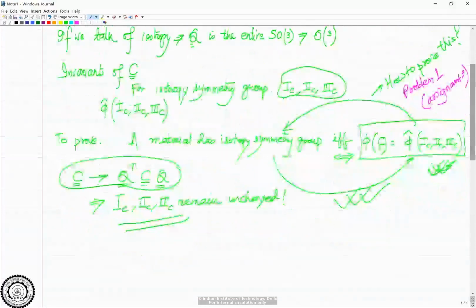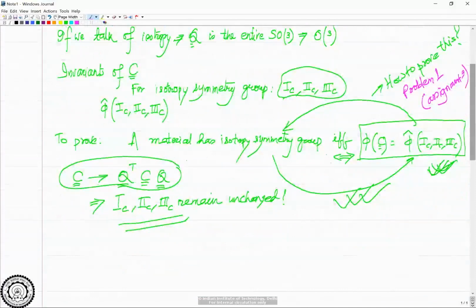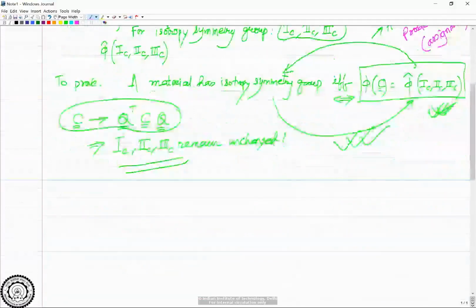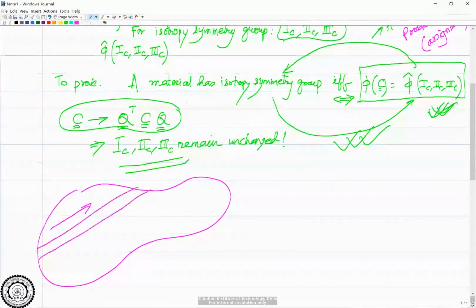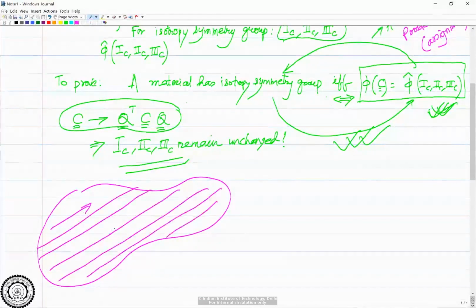So basically you see, what are the questions here? Once you identify what is the symmetry group, you have to find out what the invariants are. For a transversely isotropic material, for example, think of a body which has, let us say, fiber engrafted in it along some direction, which is A naught, suppose.